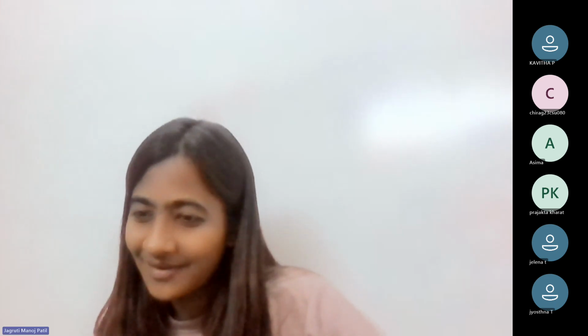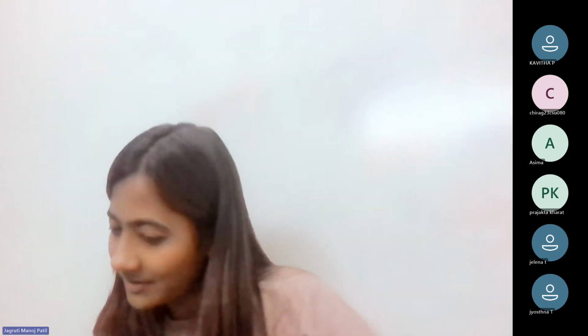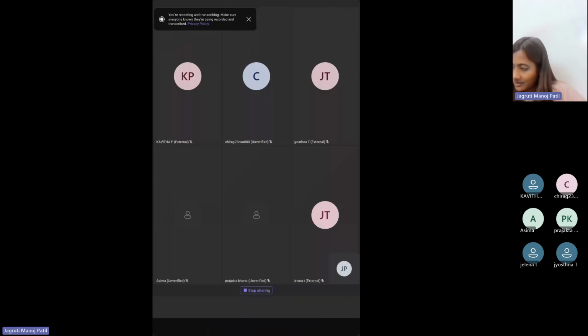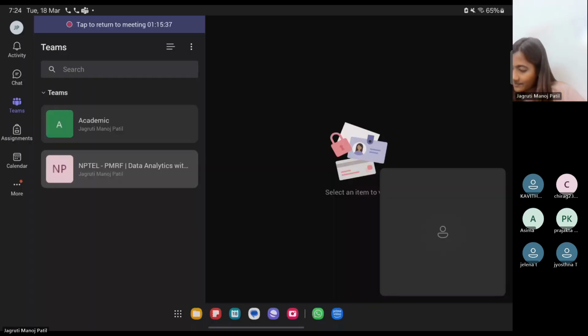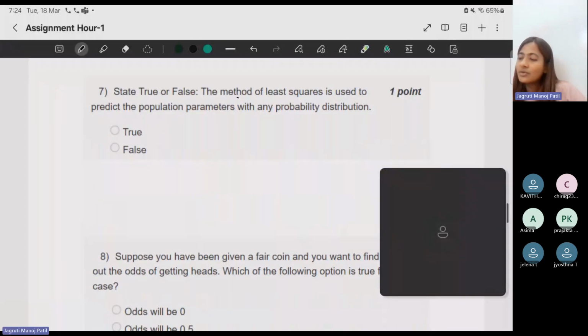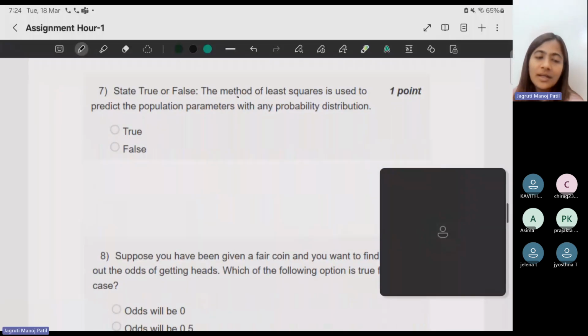Is the screen visible now? Yeah, I guess now it's visible. So the method of least squares is used to predict the population parameters with any probability distribution. Is it true?